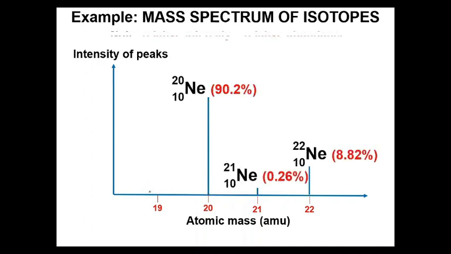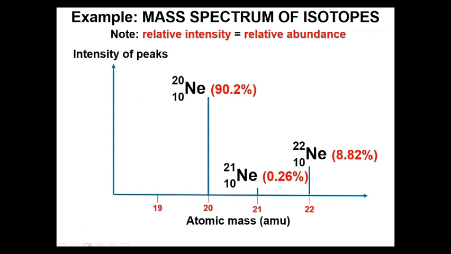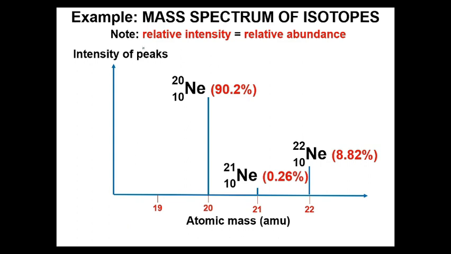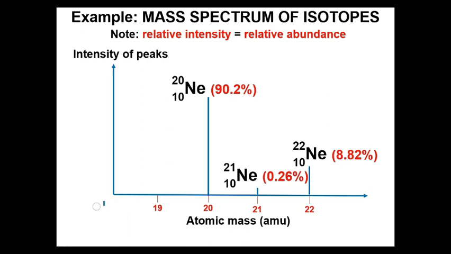For the mass spectrum of neon, I just want to highlight that relative intensity is the same as relative abundance.